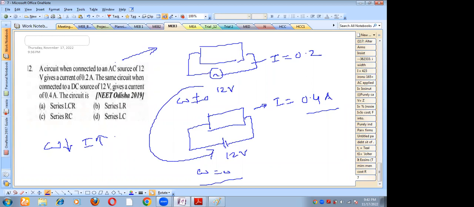Now I am considering from option D. Suppose we have a series LC circuit.